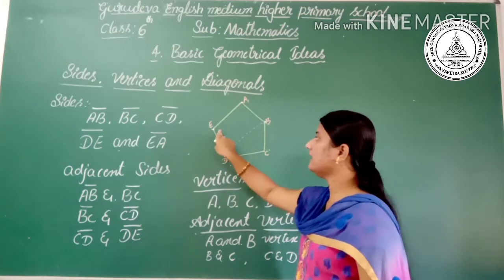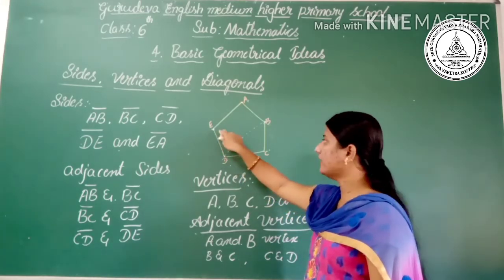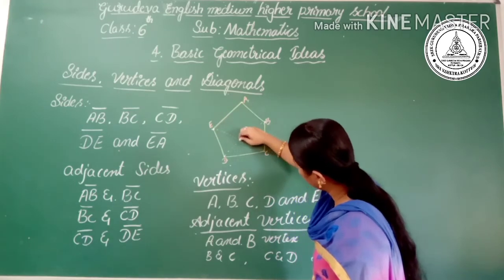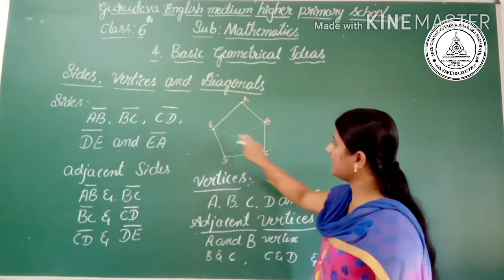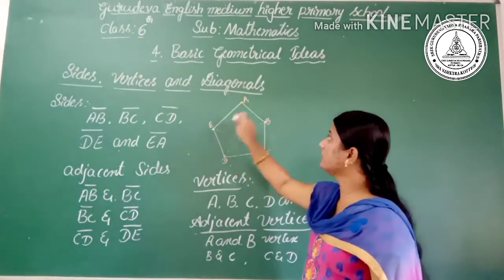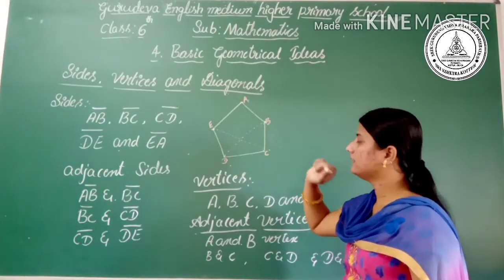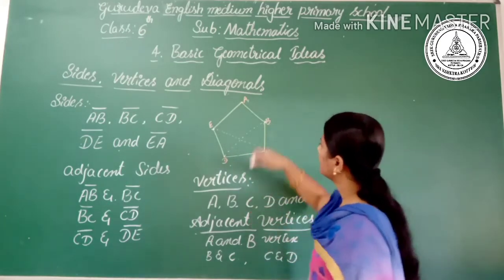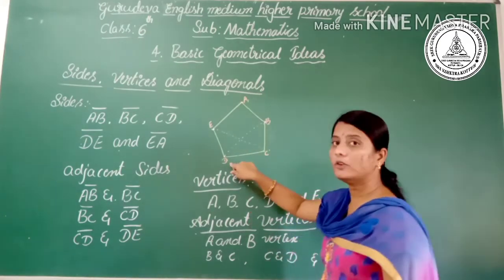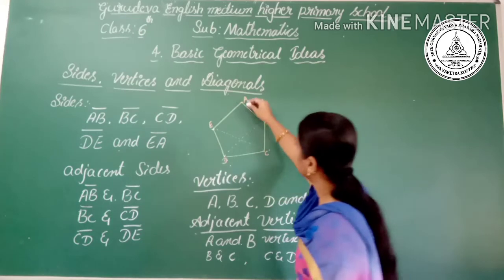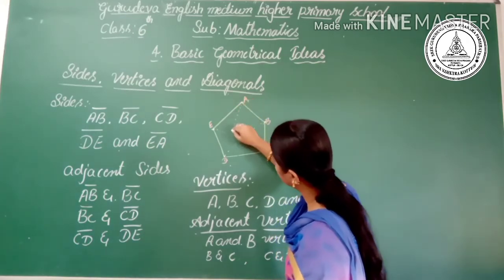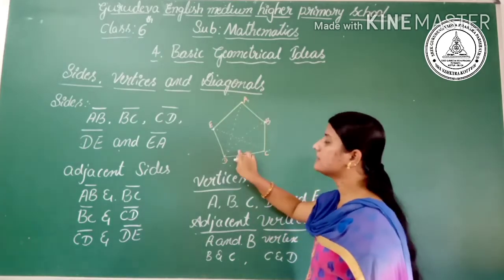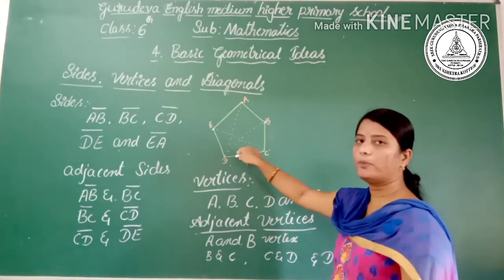Here C and E are not adjacent vertices. So join these two vertices, and EC is a diagonal of the polygon ABCDE. Then A and D are not adjacent vertices, so join them. A and D form a diagonal of the given polygon.